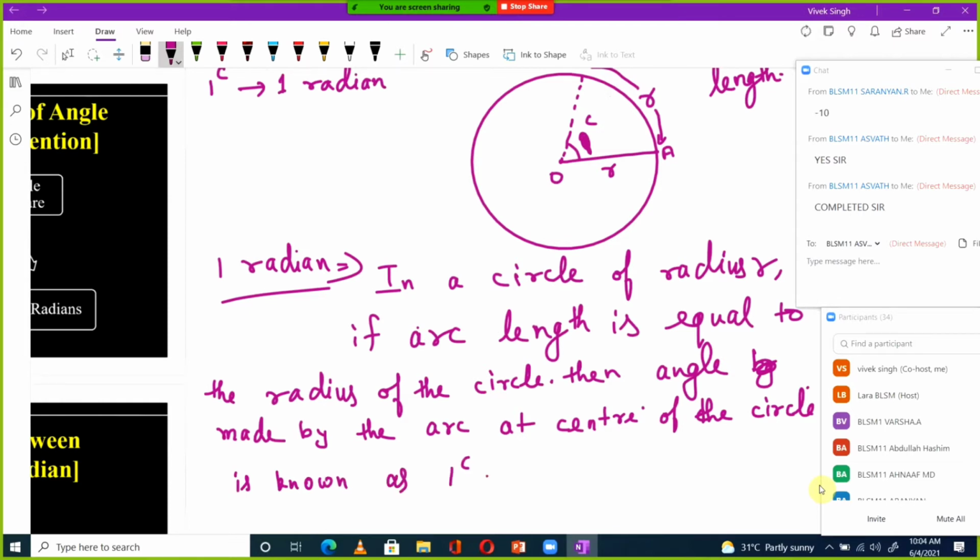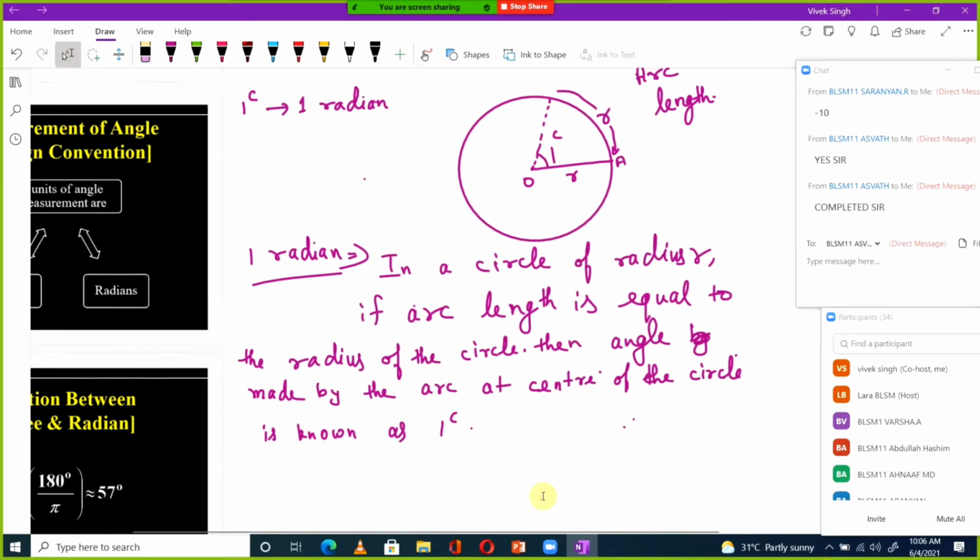That's all. So what will be 1 radian? If arc length is equal to the radius of the circle, then the angle made by the arc at the center of the circle will be equal to 1 radian. That's all. Clear?